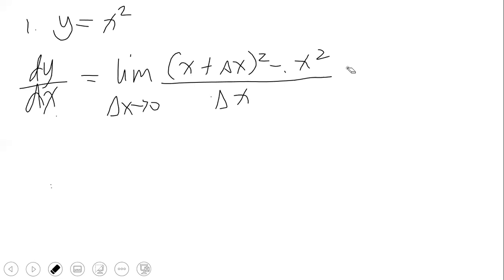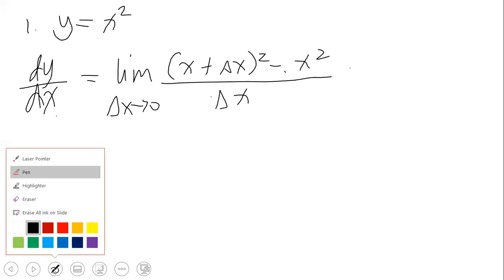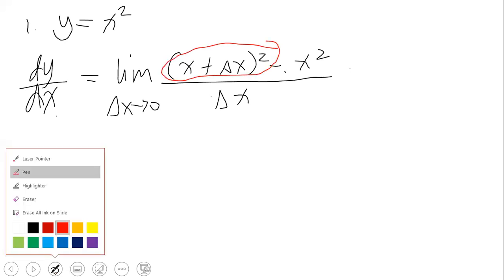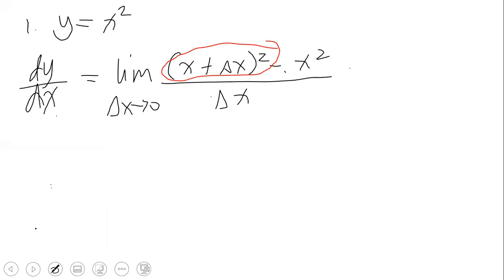So, let's have the following. So, kailangan mo pa i-expand si quantity x plus delta x. So, ayan. So, this is the quantity x plus delta x quantity squared. So, sulat natin sa ibaba. We have the following.